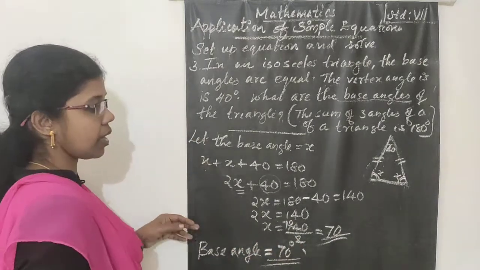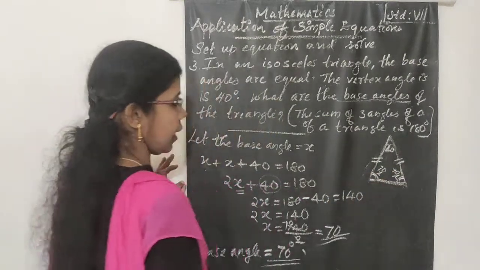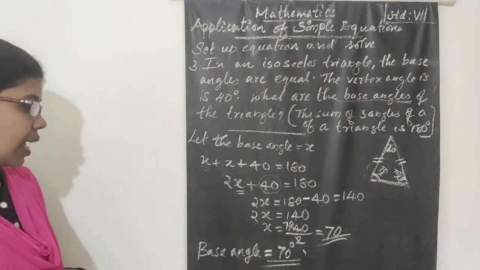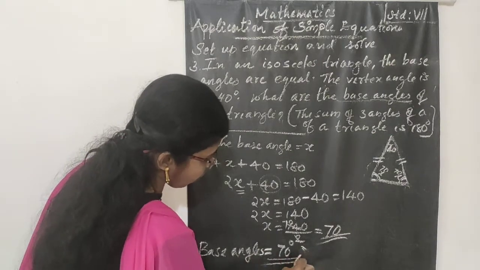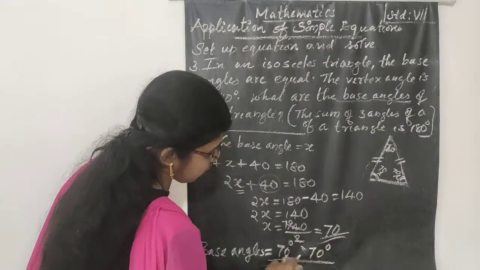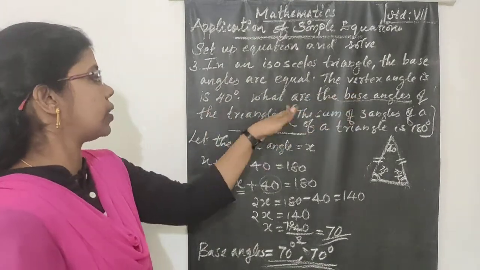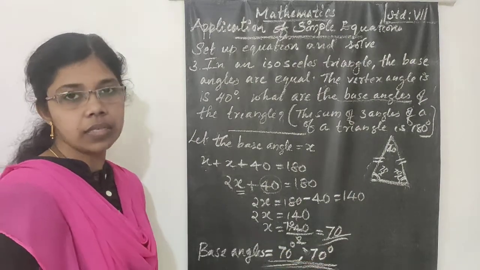So what are the base angles? 70 and 70. Base angles are equal. So the base angles are 70 degrees, 70 degrees. That is our question: what are the base angles of the triangle? So the base angles are 70 degrees, 70 degrees.